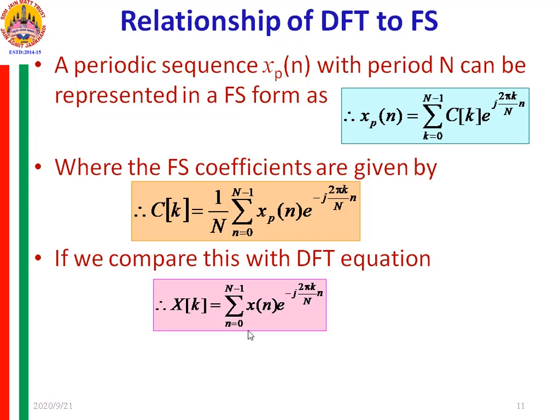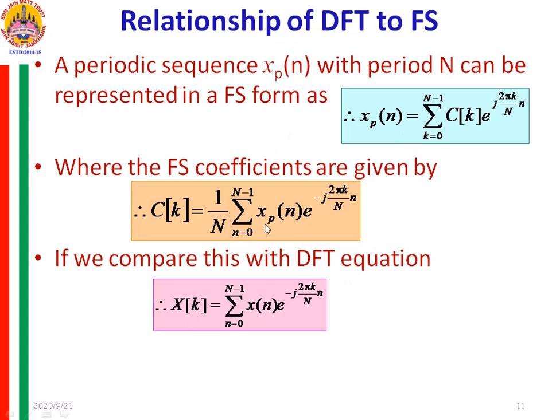X of k is equal to summation n from 0 to N minus 1 x of n e raised to minus j 2 pi k n by N. If you observe these two keenly, if I replace xp of n with x of n, where x of n is obtained from xp of n, that we repeatedly say, so the values of xp of n are equal to x of n for the duration 0 to N minus 1, then you observe that this term is nothing but X of k.